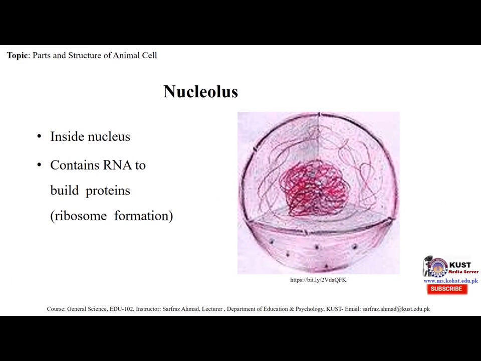Then the nucleolus is there. This remains inside the nucleus, and it contains RNA to build proteins and ribosomes for formation, in the nucleus of eukaryotic cells, and it is best known as the site of ribosome biogenesis. Nucleoli also participate in the formation of signal recognition particles and play a role in a cell's response to stress.